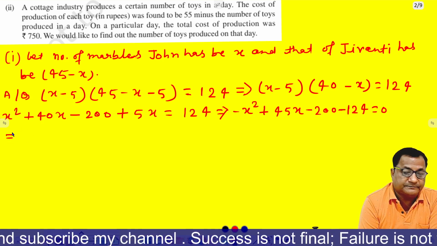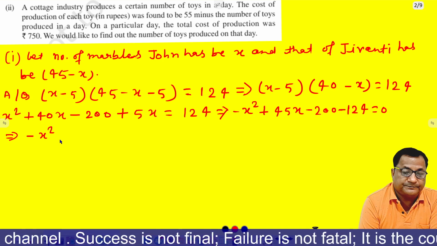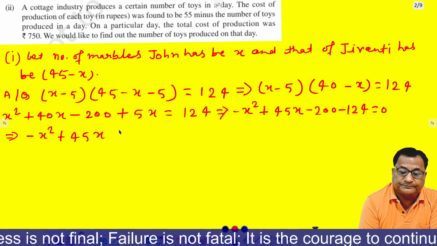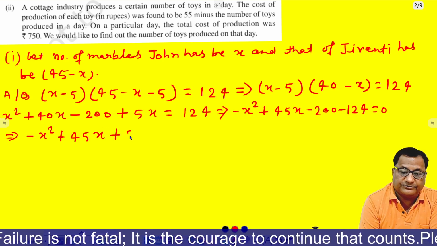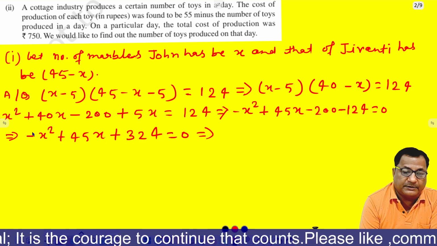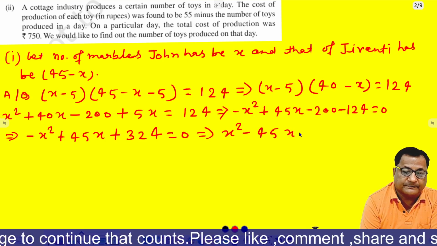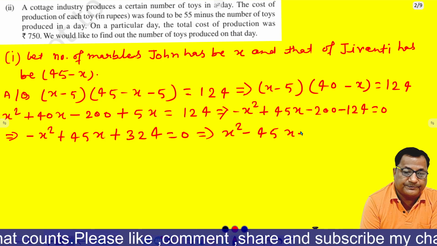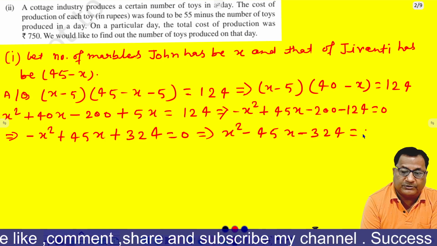Minus x square plus 45x minus 324 equal to 0. If we multiply by minus, then it will be x square minus 45x plus 324 equal to 0.